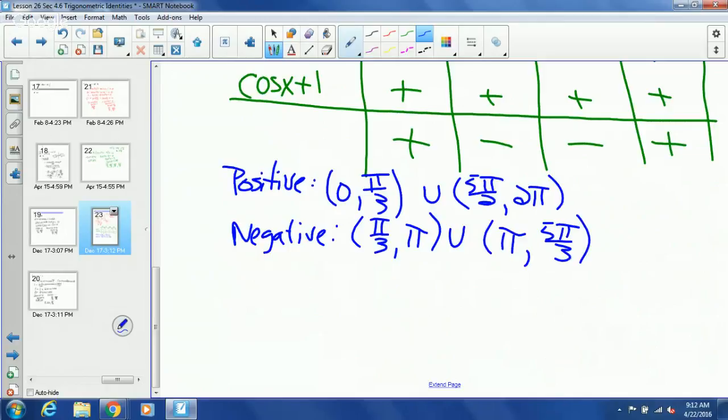That's why pi is not included, and why I have to write it like this. I can't go all the way from here to here, because if I use pi, that's going to give me 0 for my function. Well, that's neither positive nor negative, so that's why it's not inclusive. Thank you. Good call.